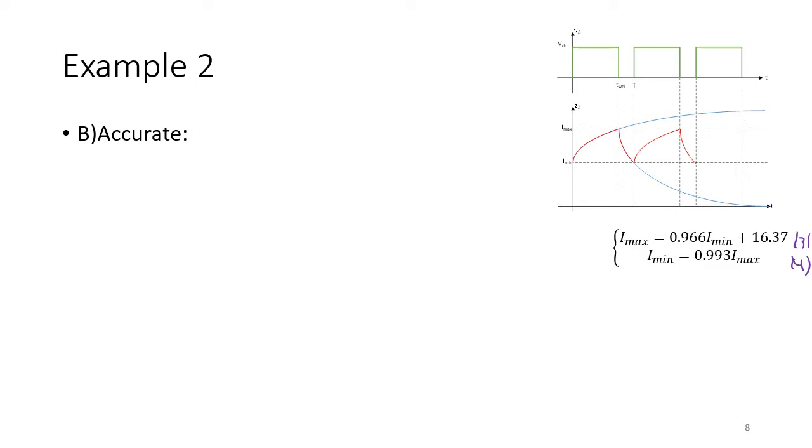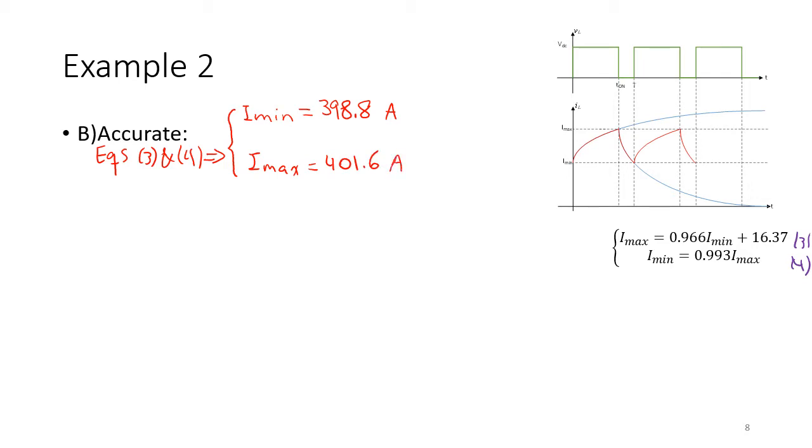So from equations 3 and 4, we can say I min is equal to 398.8 amperes, and I max is equal to 401.6 amperes.